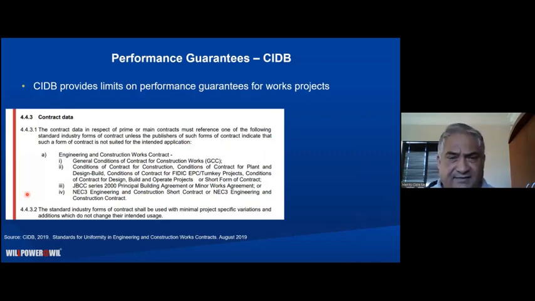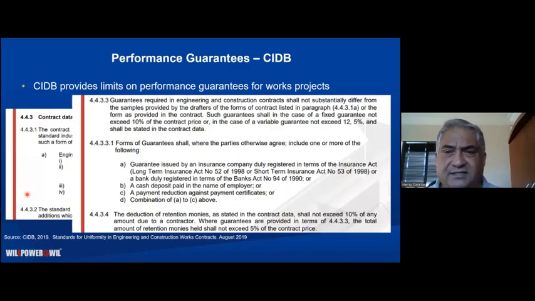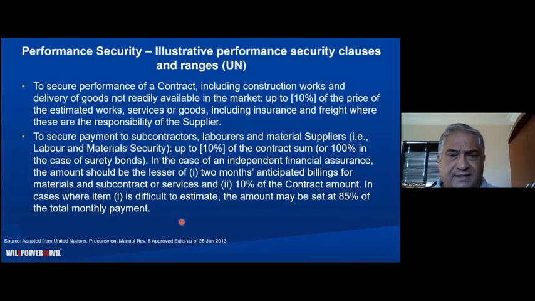I mentioned the CIDB earlier, and this is an example where the CIDB makes use of performance guarantees and securities here, with retentions at the bottom. The UN has another example, so we just extracted an example from the UN again to do with those performance securities.